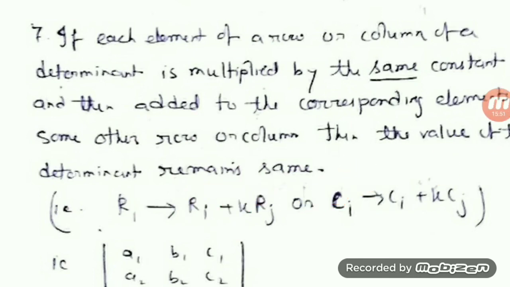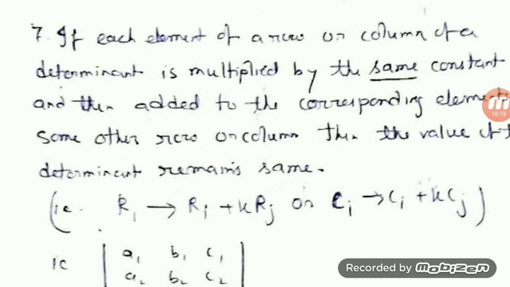Suppose you have selected a particular row or column and you multiply another row or column by a non-zero constant. And then if you add the corresponding elements, that is the first element with the first element, second with the second, and third with the third, then the value of the new determinant and the value of the original determinant will be the same.